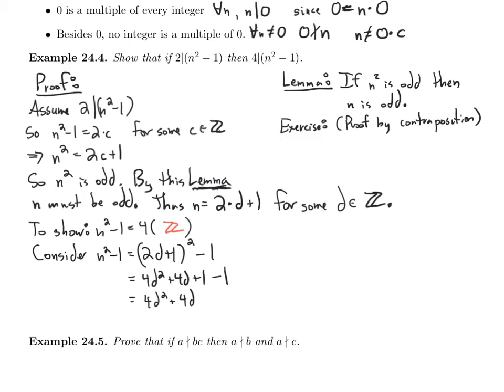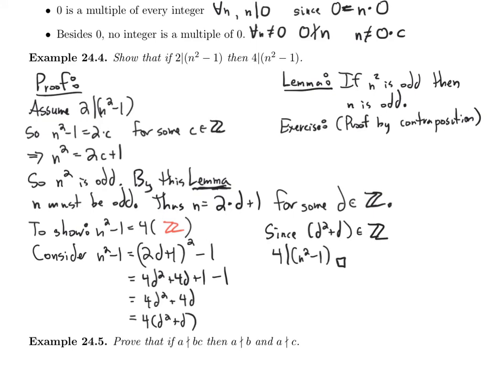And hey, look, just like we expected, our terms left over here have a factor of 4. Let's factor that out. So this is going to be 4 times d squared plus d. So we have 4 times some integer. d squared plus d is an integer, since d is an integer. So since d squared plus d is indeed an integer, we know that 4 is indeed a factor of n squared minus 1. And we're done.